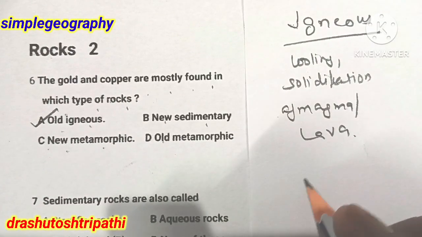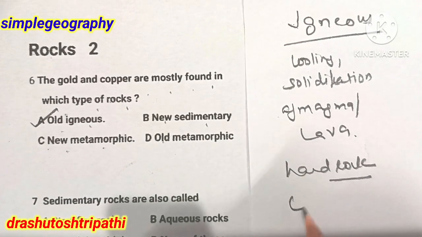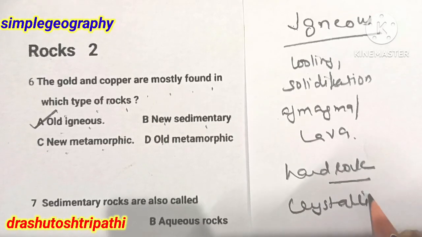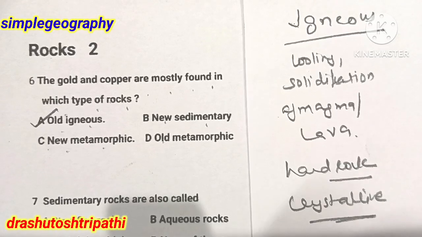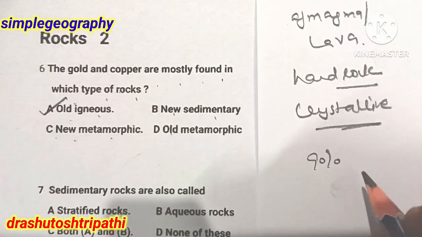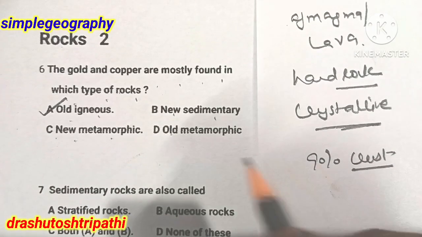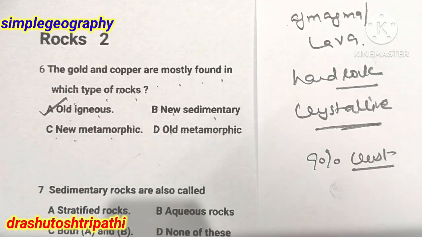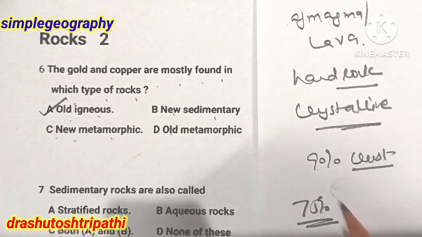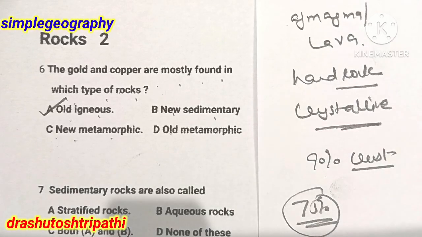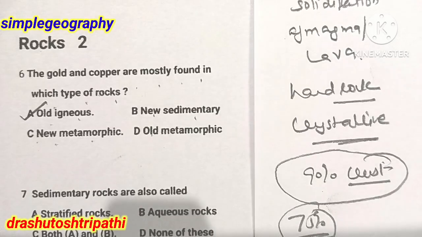Igneous rocks are rough, hard rocks and they are crystalline. Nearly 90% of the crust is made up of igneous rock. As we know, 75% of the Earth's surface is made by sedimentary rocks and 90% of the crust is made of igneous rock.